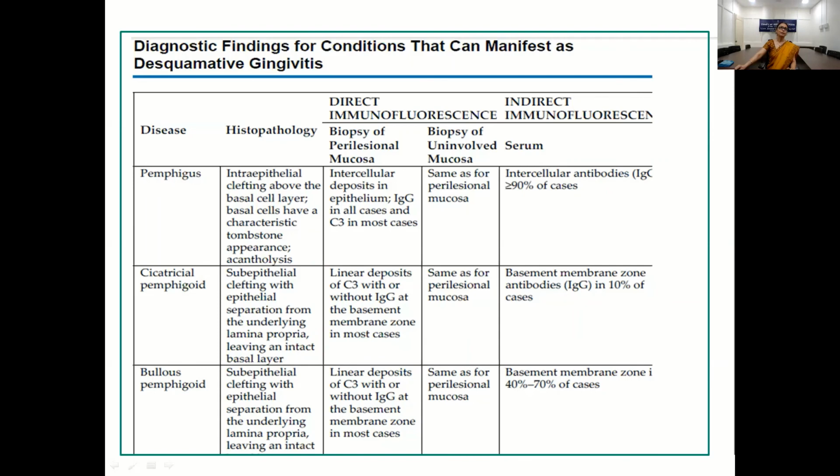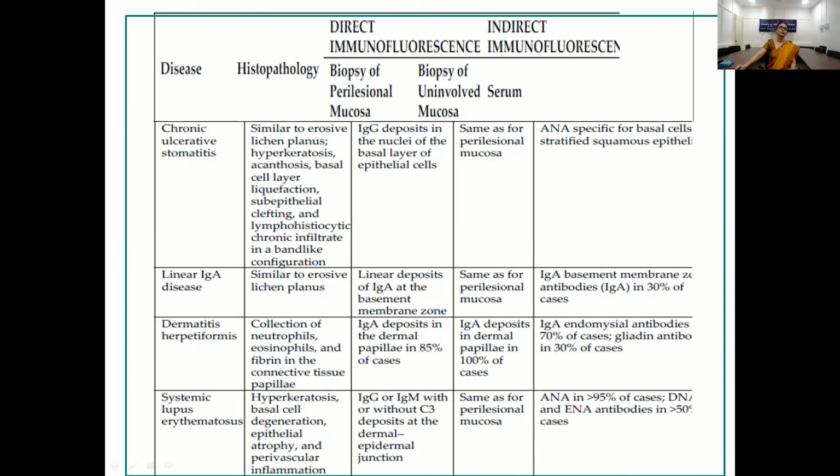In cicatricial pemphigoid, there is a subepithelial clefting with epithelial separation from the underlying lamina propria, leaving an intact basal layer. The same finding you can see with bullous pemphigoid also. In chronic ulcerative stomatitis, similar to erosive lichen planus, there is hyperkeratosis, acanthosis, basal cell layer liquefaction, subepithelial clefting, and lymphohistiocytic chronic infiltrate in a band-like configuration.